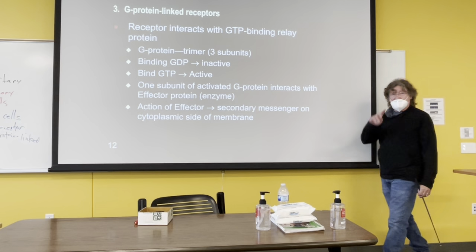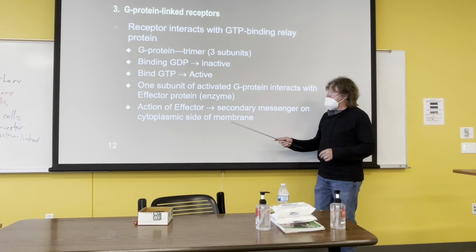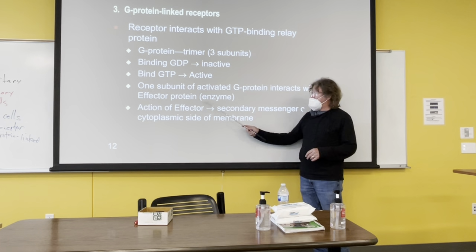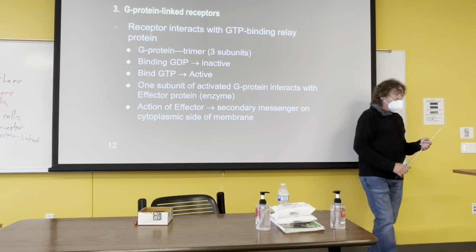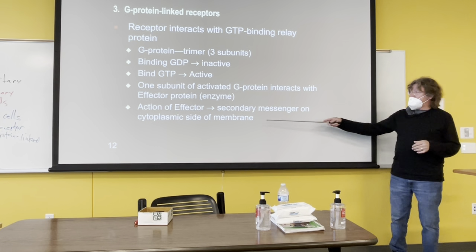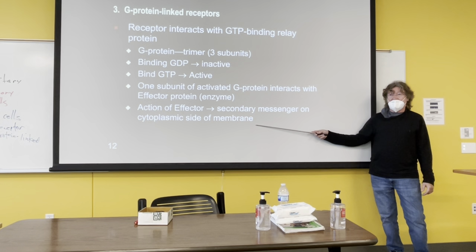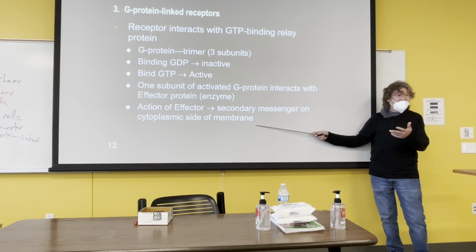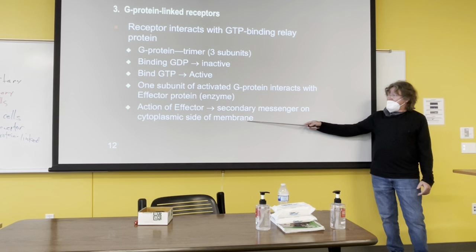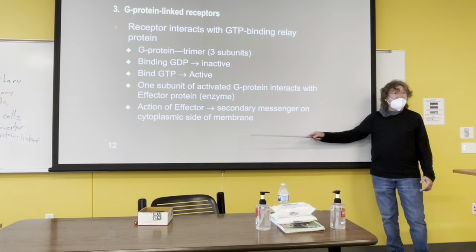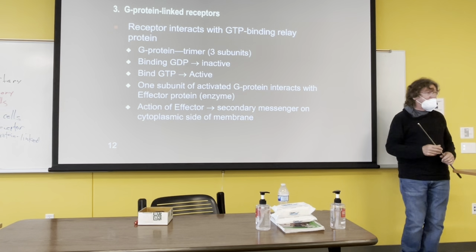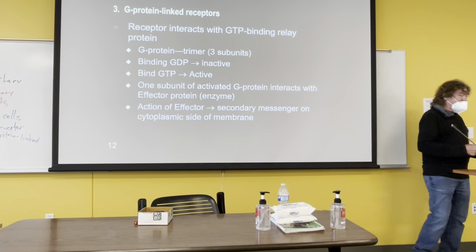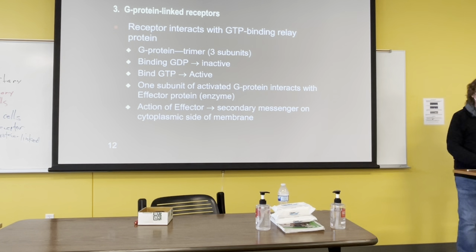I'm only going to talk about one, but this will lead to the production of a secondary messenger on the cytoplasmic side. And the secondary messengers can be different from one system to another. What the secondary messenger does is it binds to an inactive protein and activates it and starts a phosphorylation cascade. And I'll illustrate this with a figure on the next slide.